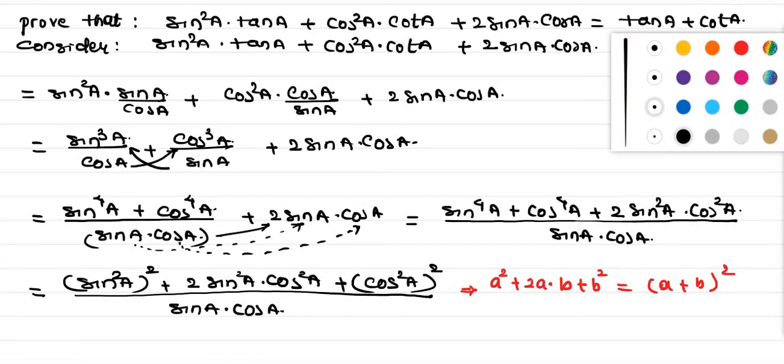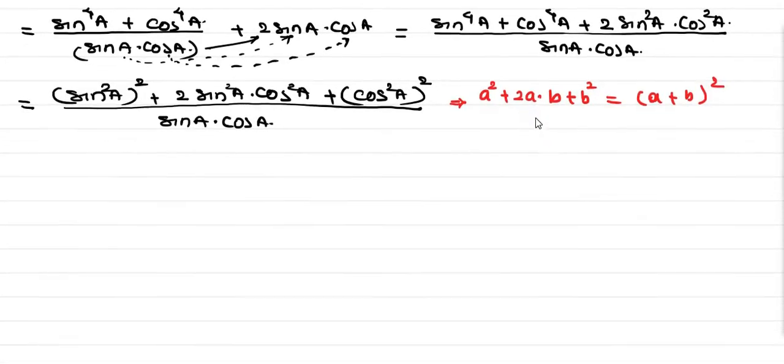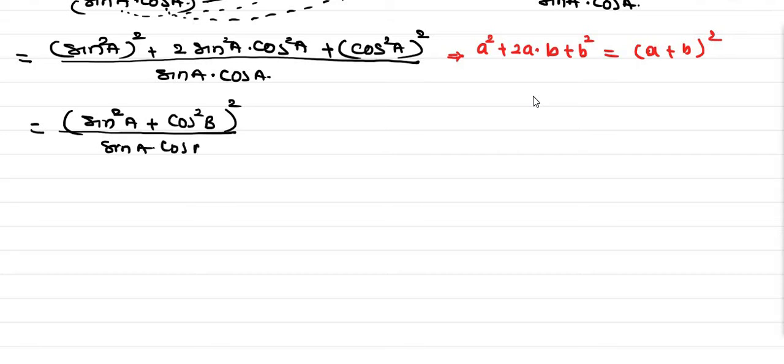So the next step will become: in place of a I write sin square a and in place of b I write cos square a, this complete bracket square divided by sin a into cos a as it is.